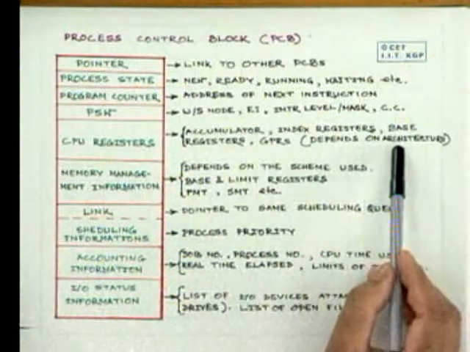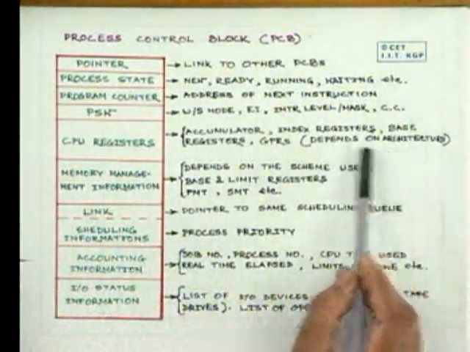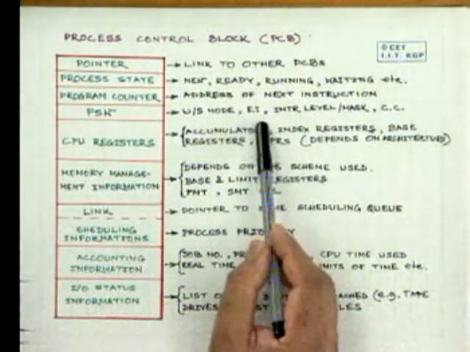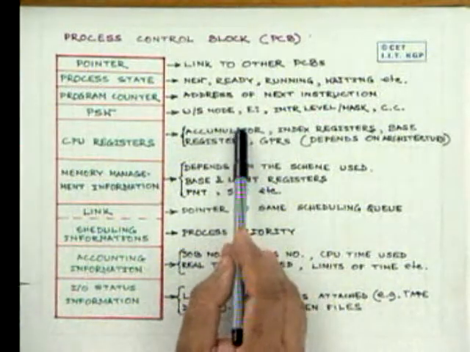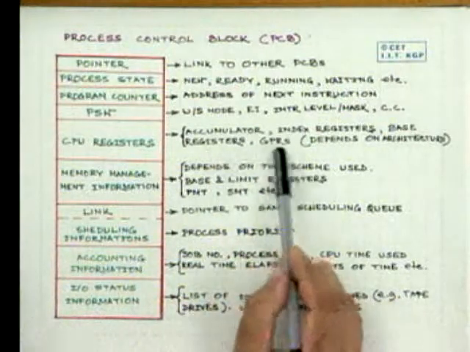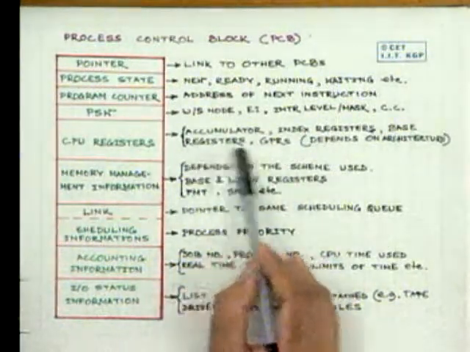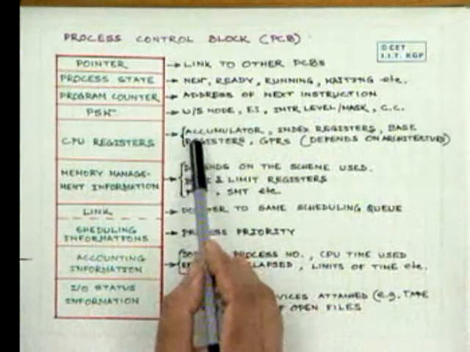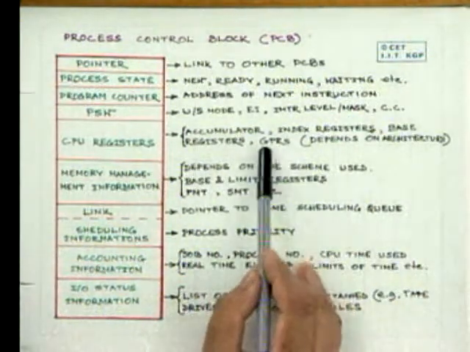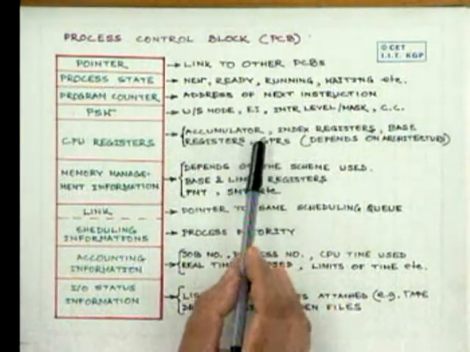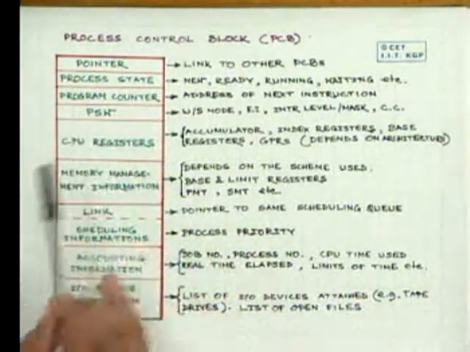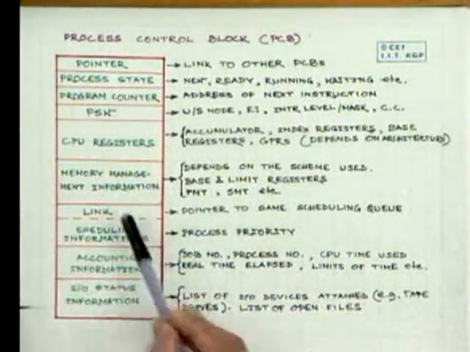The different registers involved, as we have already discussed in our architecture class, depend on the architecture: if it's an accumulator based system, then the accumulator will be there, along with index registers, base registers, and general purpose registers. Copies of the contents of all these registers which are relevant to the process have to be kept here.